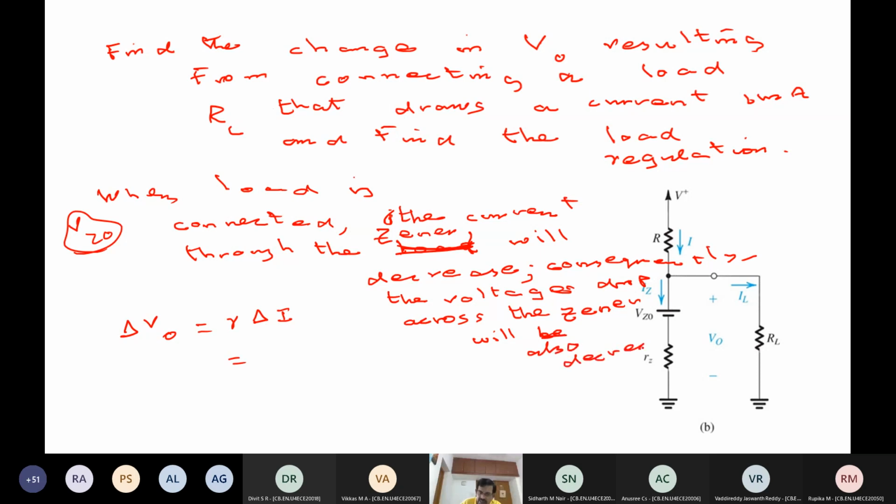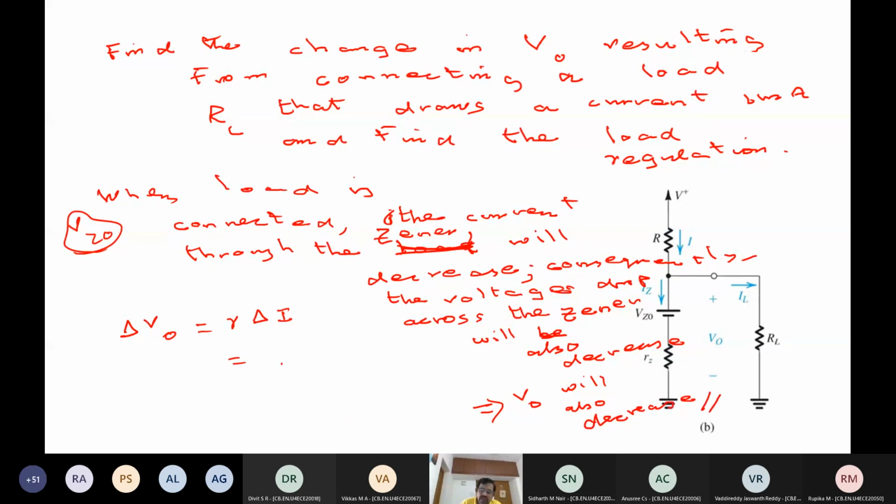That means V naught will also decrease, because that much only is going to appear in V naught.